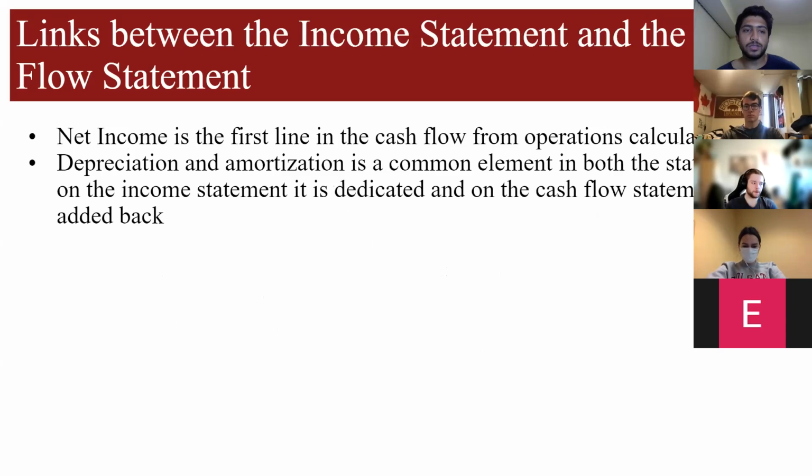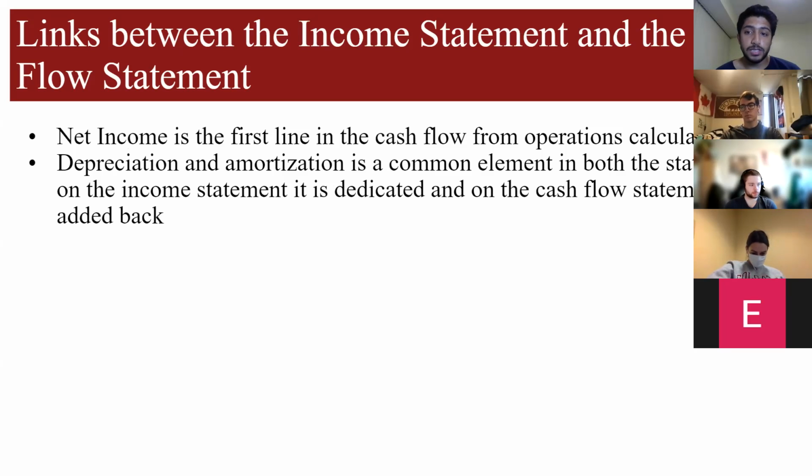Okay, the next one is pretty simple: the links between the income statement and the cash flow statement. As I said, the net income, which is the last line on the income statement, is the first line in the cash flow from operations calculation on the cash flow statement.